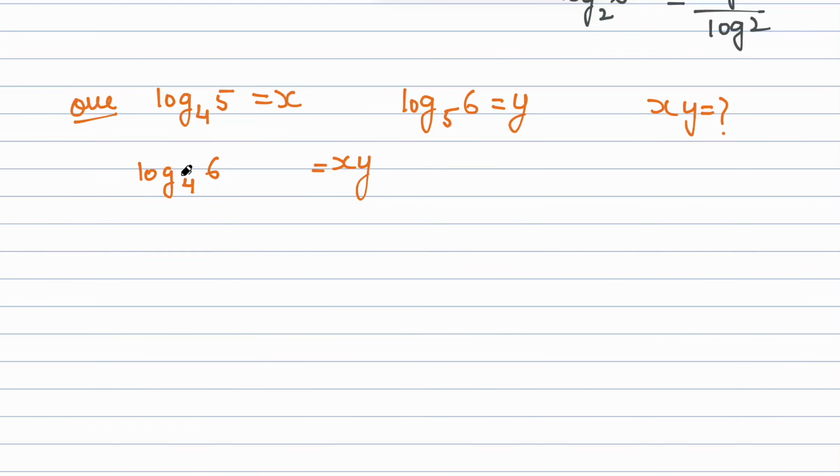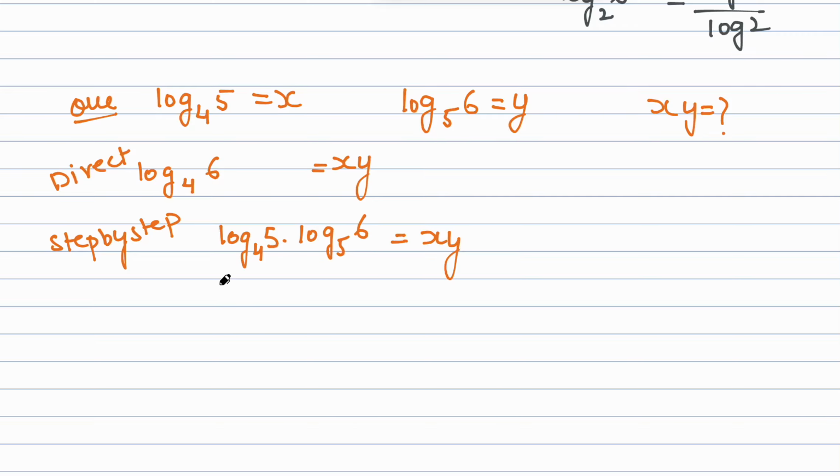Okay, so this is, we are doing direct. Now here we are doing step by step. It's just your style, how you want to go with the questions. You want to do direct or step by step. Now for xy multiplication, right hand sides are multiplied here and left hand sides are multiplied here. This is log of 5 to the base 4 times log of 6 to the base 5.